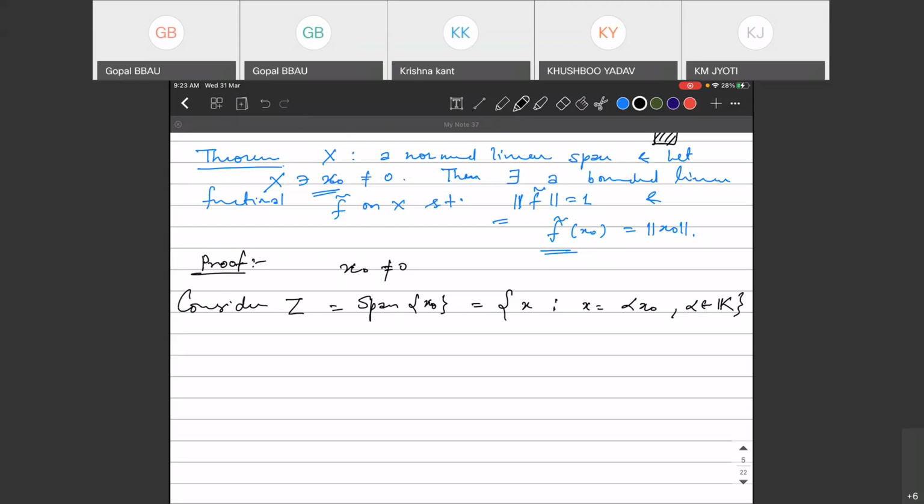Now define f on Z. Any element of Z is of the form alpha x naught, where alpha comes from K, and define f of x as alpha times norm x naught.